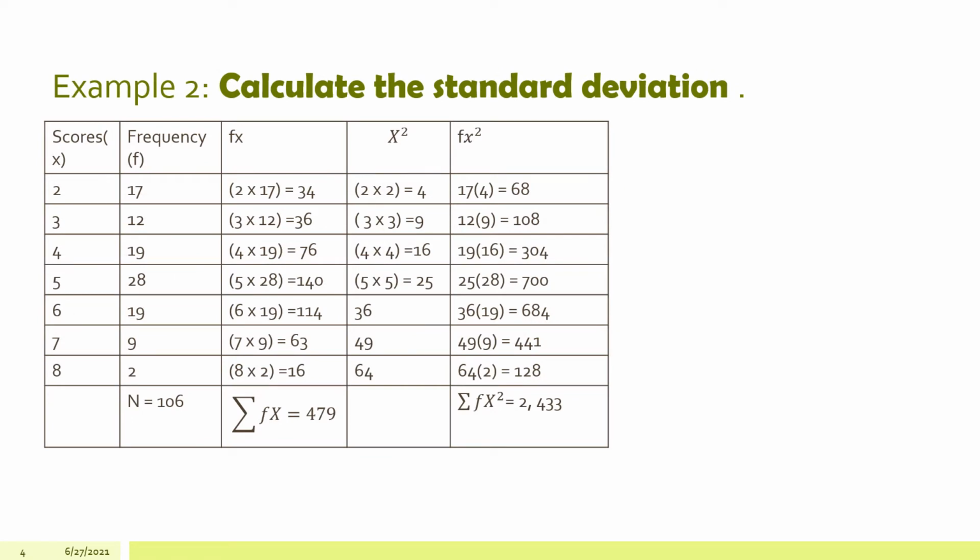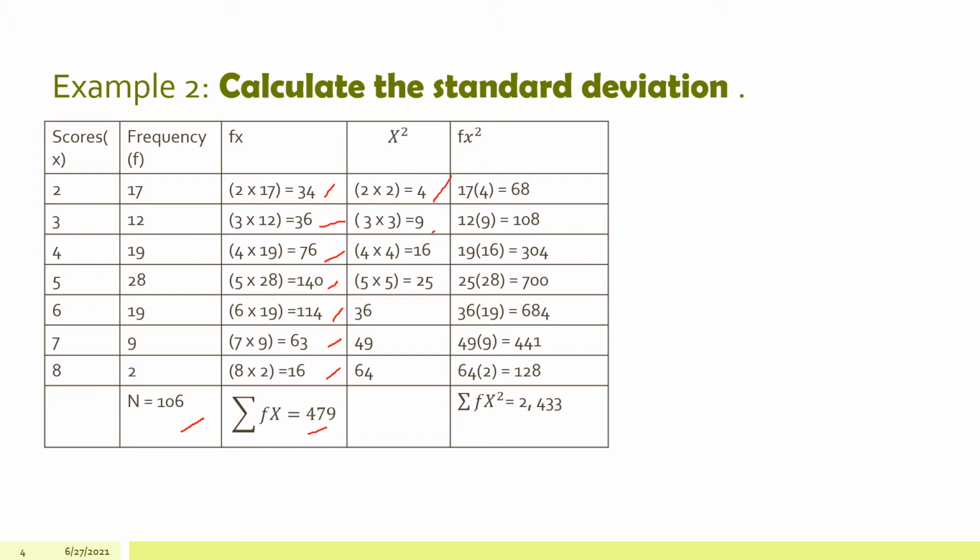Okay, so example number 2. We have the score. This is an ungrouped frequency distribution. 2 times 7 is 14, 3 times 12 is 36, 4 times 19 is 76, 5 times 28 is 140, 6 times 19 is 114, 7 times 9 is 63, 8 times 2 is 16. The total is 479, and our n is 106. For x squared, that means we will square the x or the score.